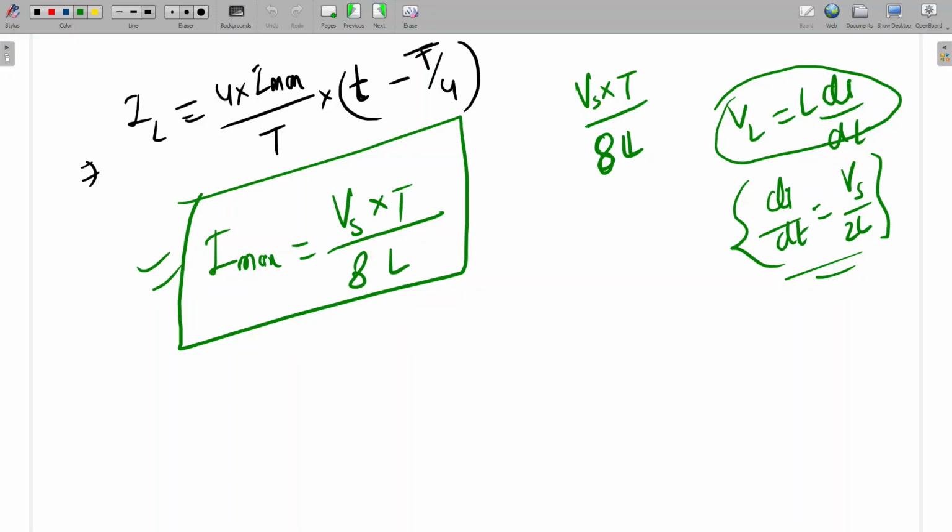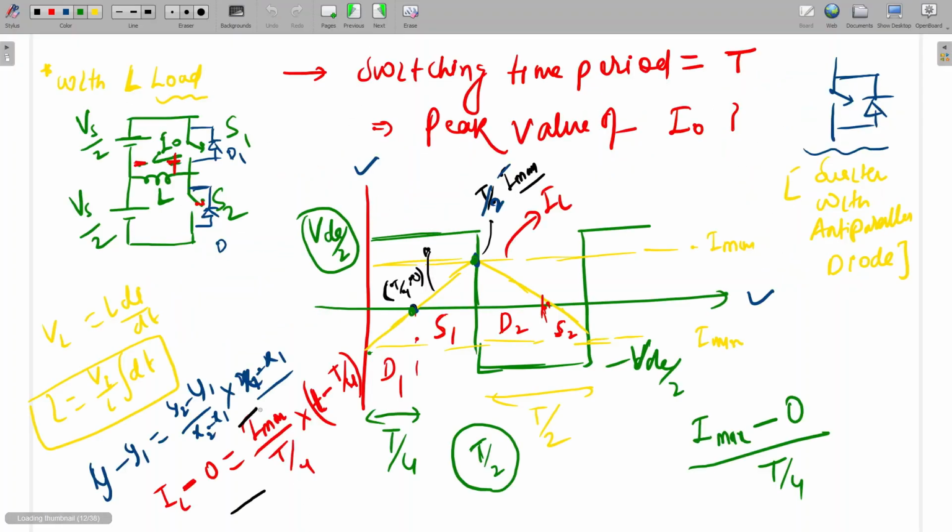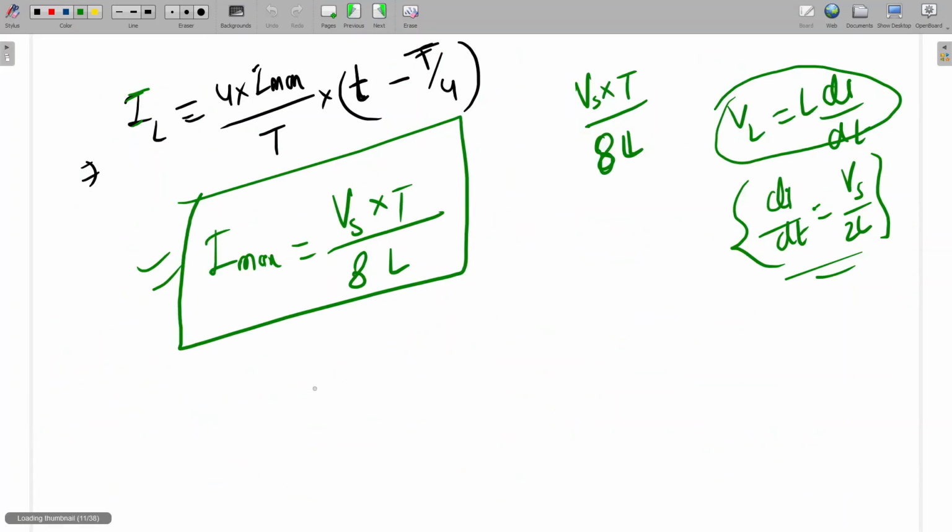So what is the slope? We can write here, the slope in terms of inductance. So IL will be Vs upon 2L, this is the slope, into t minus T by 4.